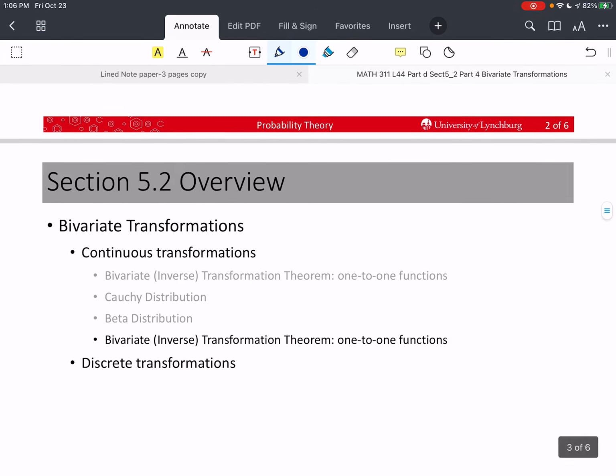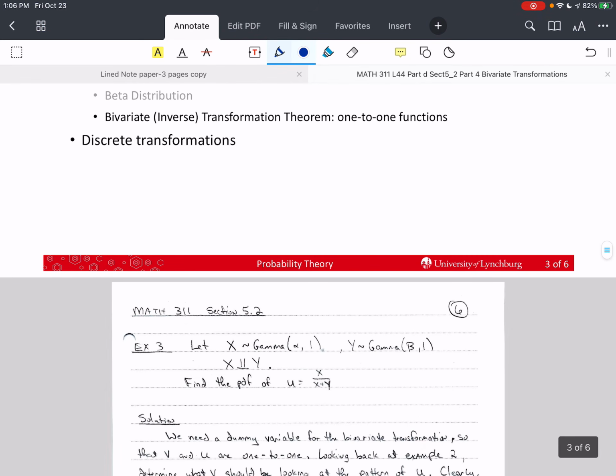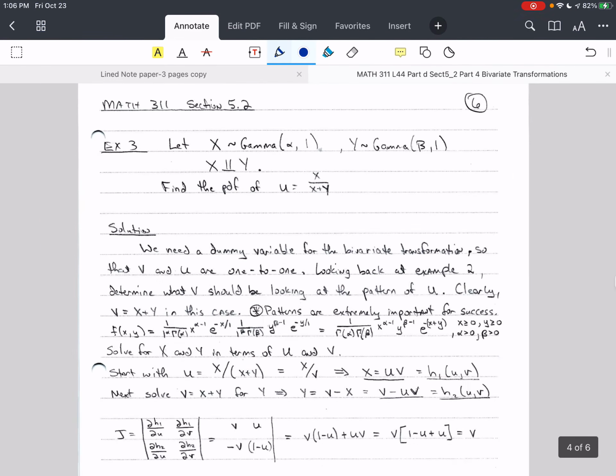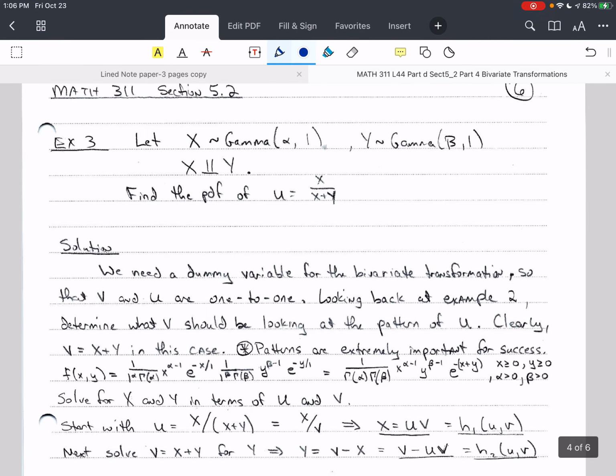Okay, so in this video we are going to discuss more examples of this inverse transformation theorem for one-to-one functions. So let's get started. We have two continuous random variables, X and Y. These are not IID because even though they are independent, they are not identical.